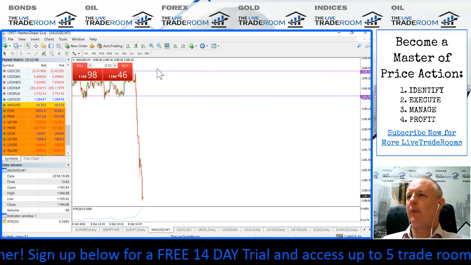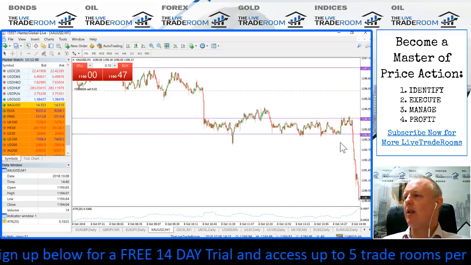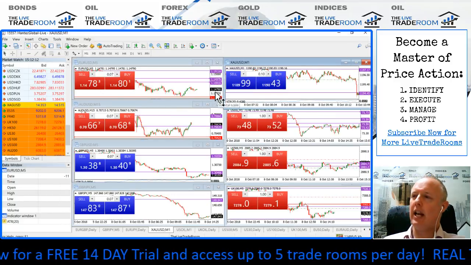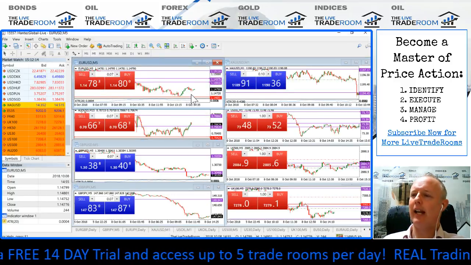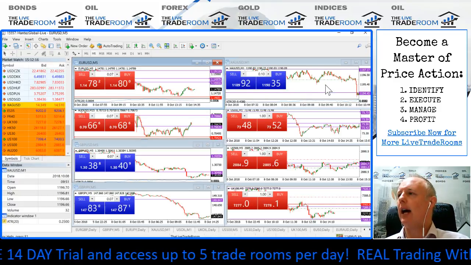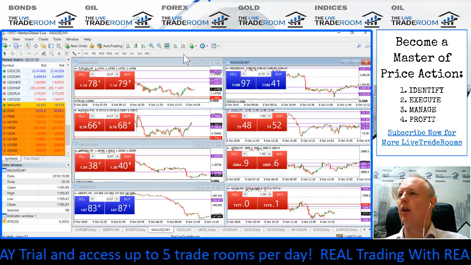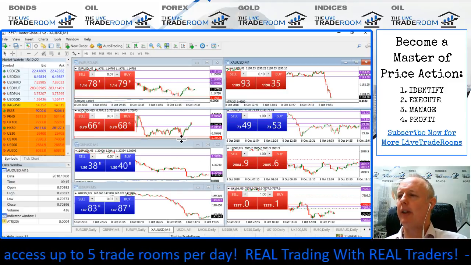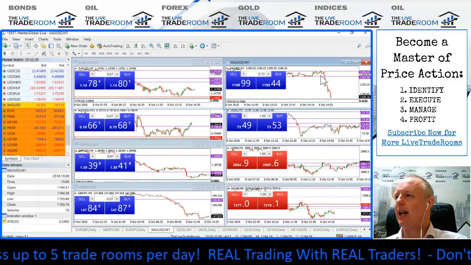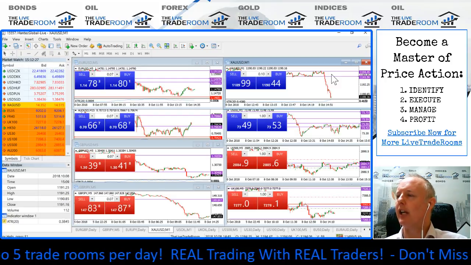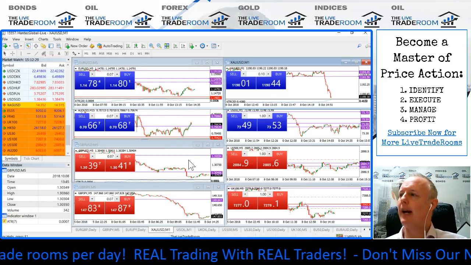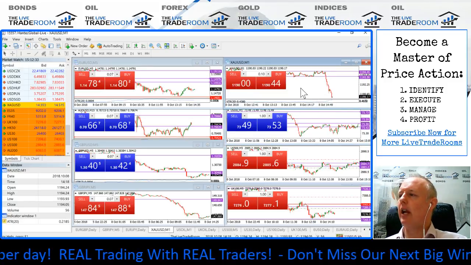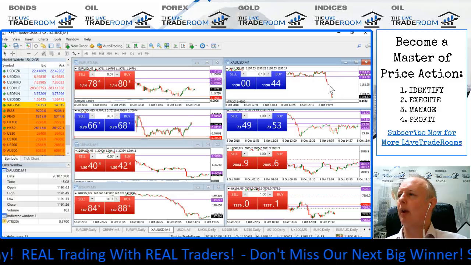The problem we have with this move is that it's not really in character with, let's say, the euro dollar, for example, which would be a good indicator of dollar strength. So it is a dollar strength move effectively, but it's not really in keeping with it. Maybe this is slowly catching up with some of the other markets, but that creates a bit of indecision in our minds when we look at this kind of price action.